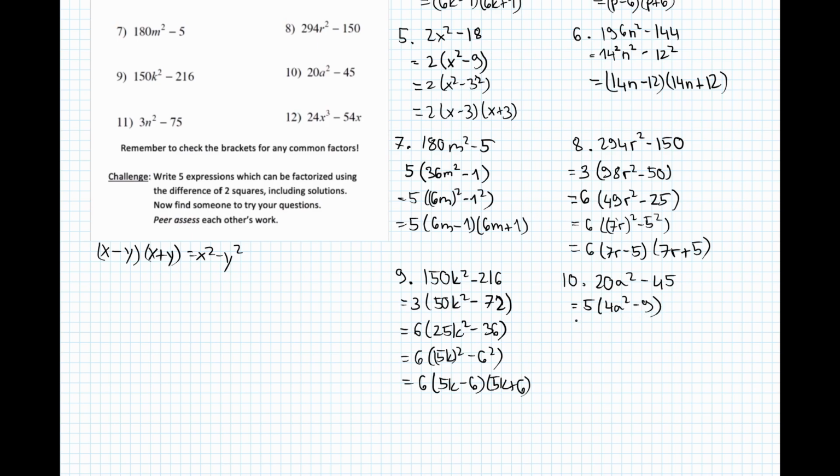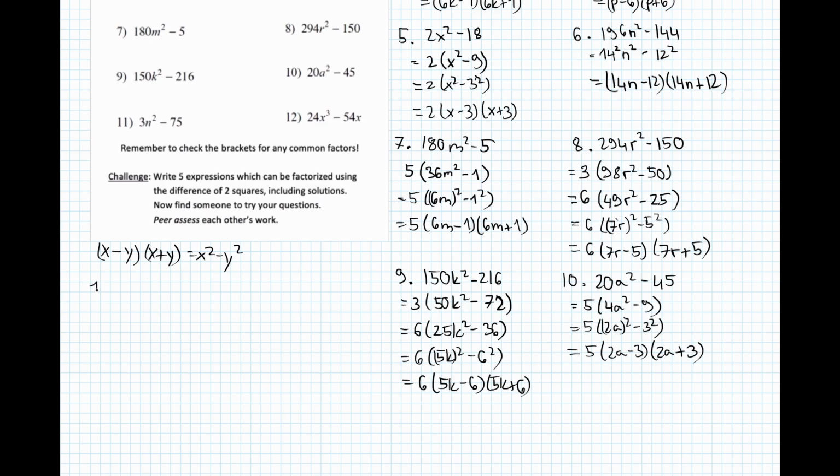We have two perfect squares again, which is 2 squared and 3 squared over here. And we can write it like this: 5 times (2a minus 3) times (2a plus 3). That's the final answer.